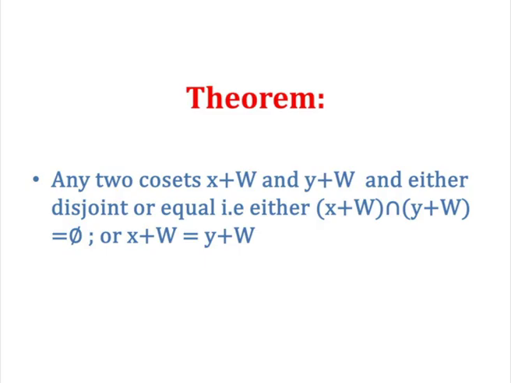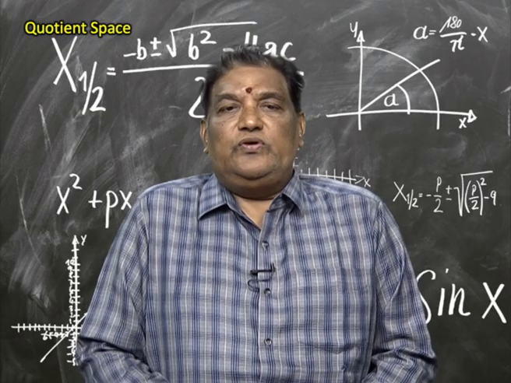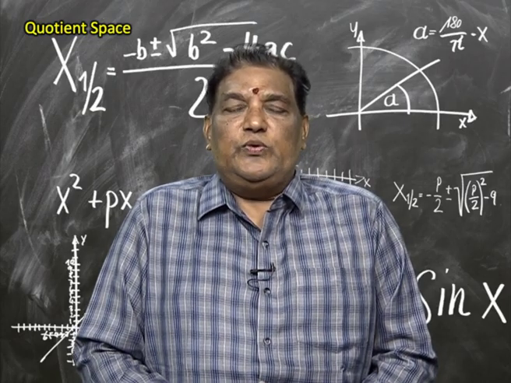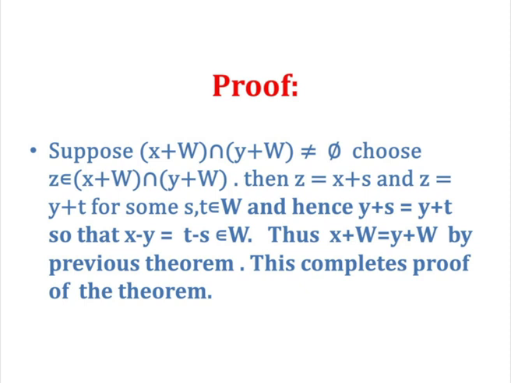Or x plus W equal to y plus W. Proof: suppose x plus W intersection y plus W is not the null set, choose z belongs to x plus W intersection y plus W. Then z equal to x plus s and z equal to y plus t for some s, t belongs to W, and hence x plus s equal to y plus t.